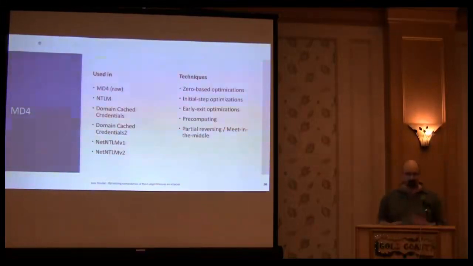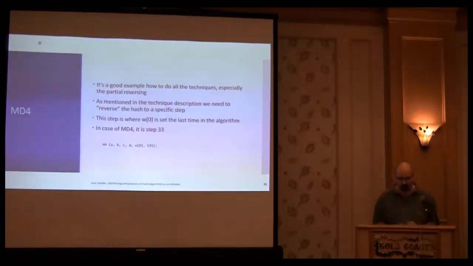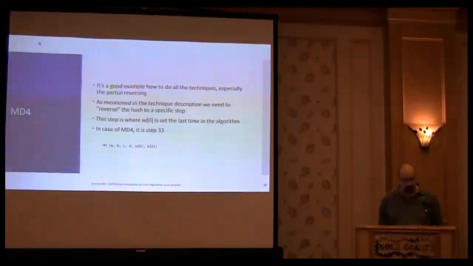And this is one of the reasons why you can calculate NTLM hashes and MD4 that fast, like 15 billion hashes per second, I think, for a single setup. So it's also a very good example to show how to do partial reversing, and I will show you how to do this up to step 30 from 48.